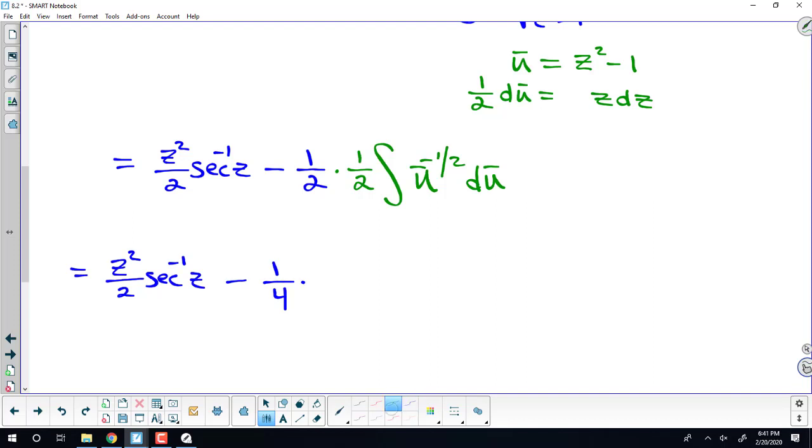Okay, antiderivative is u to the 1/2 over 1/2. U bar, sorry. So antiderivative is 2 u bar to the 1/2.